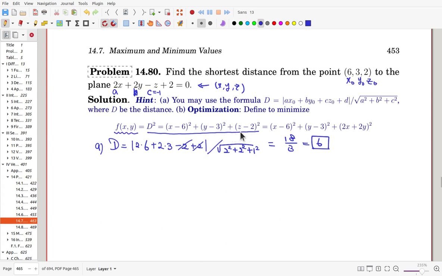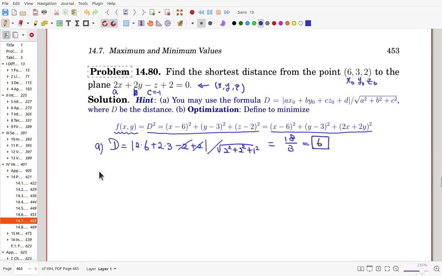For z minus 2, if we move this into the right side, because x, y, z are chosen from the plane, x, y, z will satisfy this equation. And z minus 2 is the same as 2x plus 2y. So this portion is replaced by 2x plus 2y. So finally, we try to minimize this term, and from the minimum value, take a square root to get the final answer.